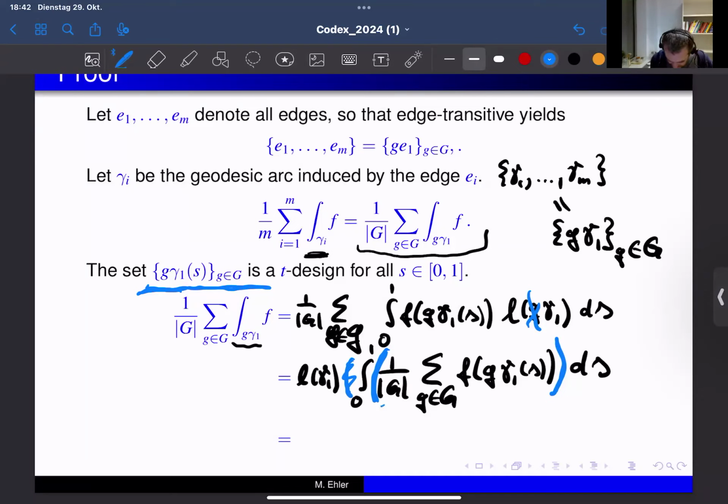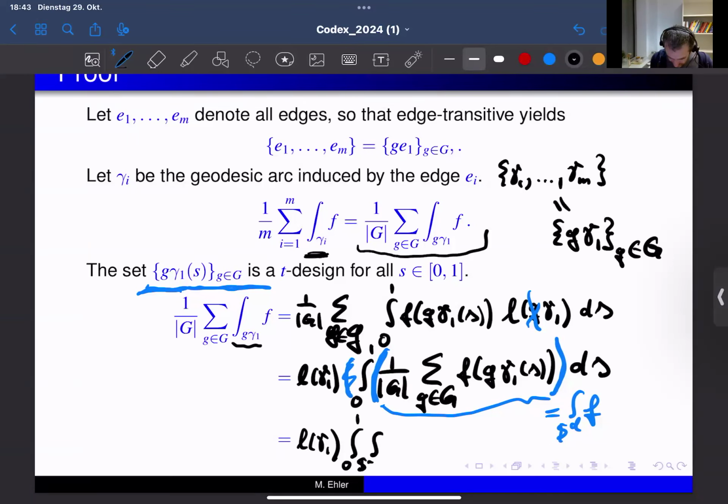So what this here really is, is the integral over the sphere S^d of f. So what I'm left with is L of gamma 1, integration from 0 to 1, but now it doesn't depend on s anymore.